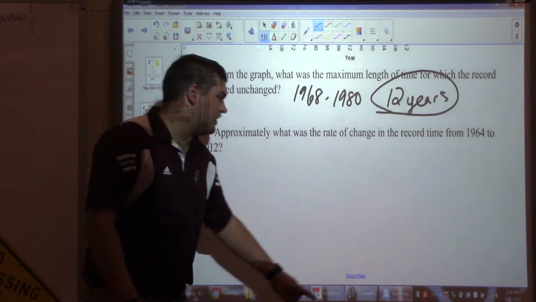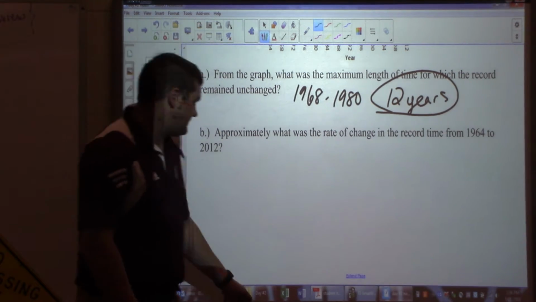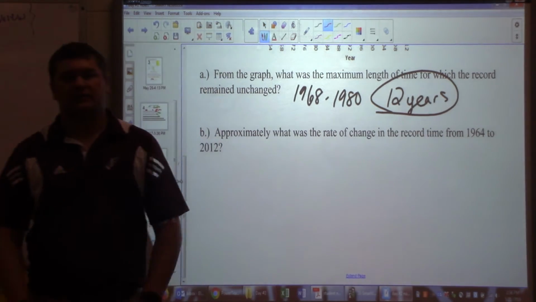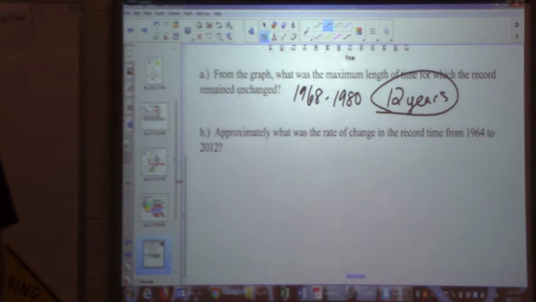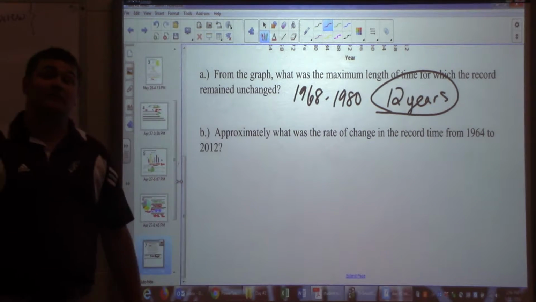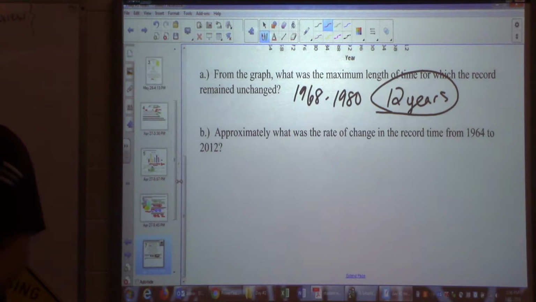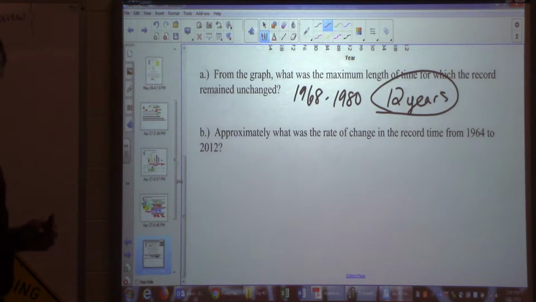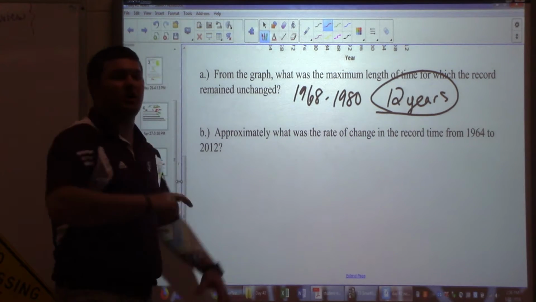Approximately, what was the rate of change in the record time from 1964 to 2012? There are some really key words in there that we've heard before. Rate of change. What else is the rate of change known as? Very good. It is slope. Rate of change is the same as slope.